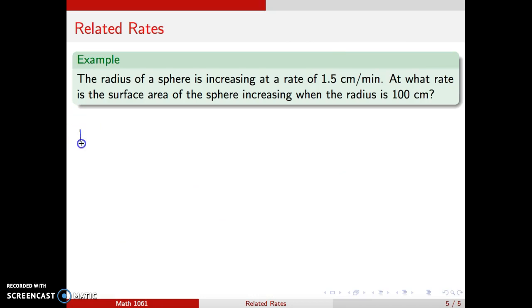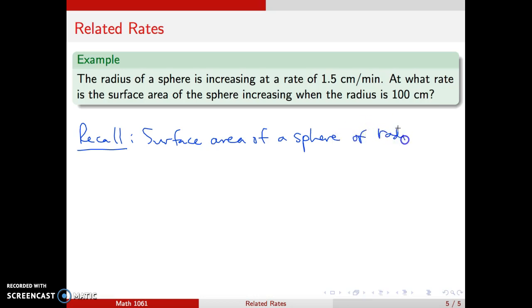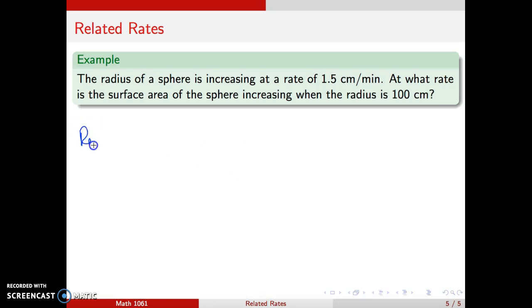Sometimes you have to look up these things, but you might remember here, surface area of a sphere of radius r. Boy, that's terrible handwriting.